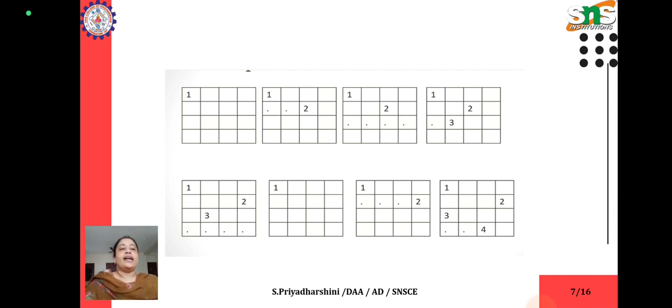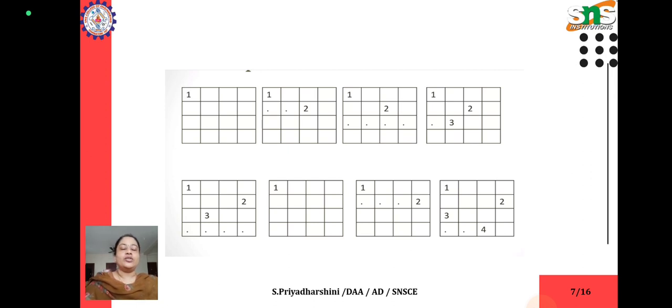We backtrack queen 2 to the fourth column of row 2. Then we can place queen 3 in the second column of row 3. But when we go to queen 4, there is no way to place Q4. So what shall we do? We have to backtrack again to queen 1.